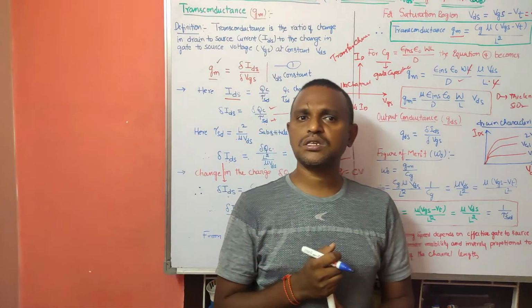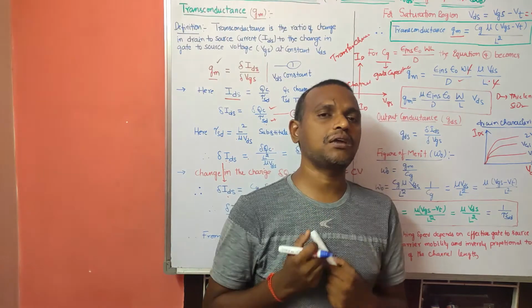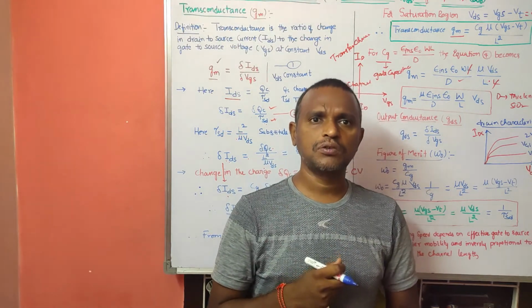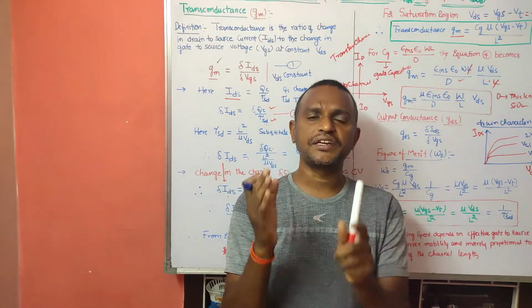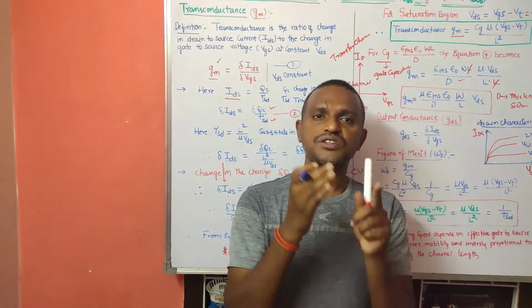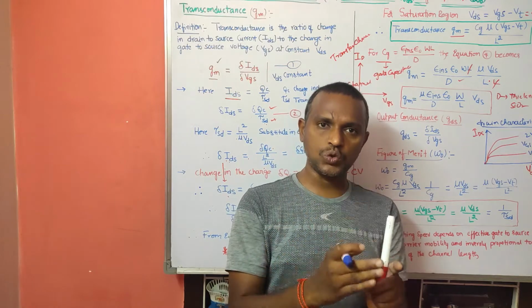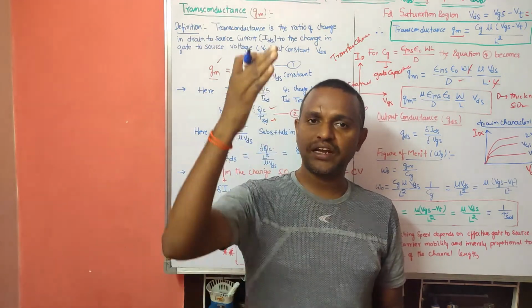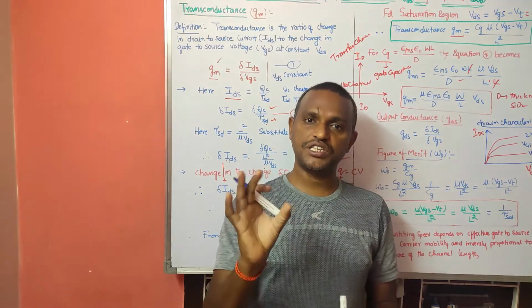Generally, conductance means current by voltage. Output conductance is the ratio of the change in IDS, that is the drain to source current, to the change in drain to source voltage at a constant value of VGS.